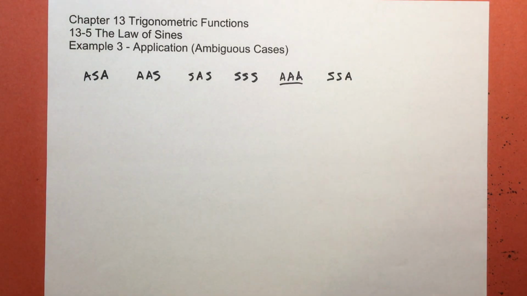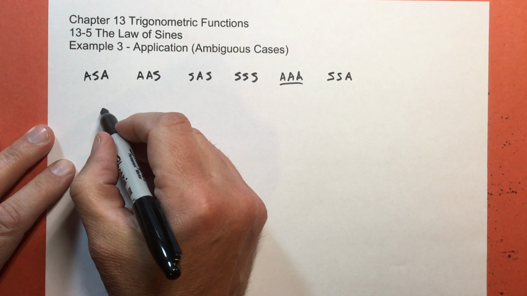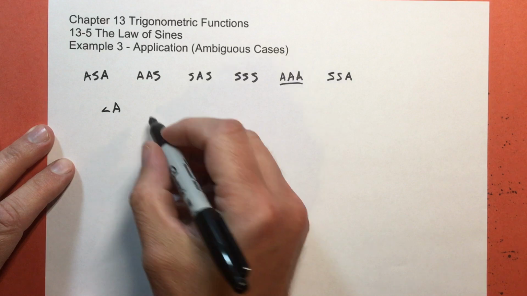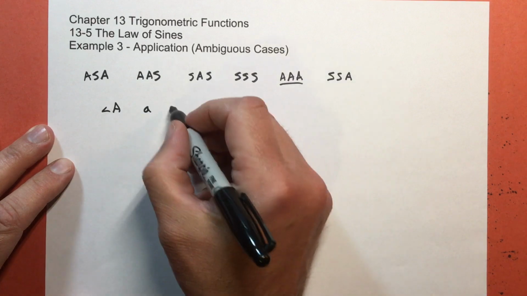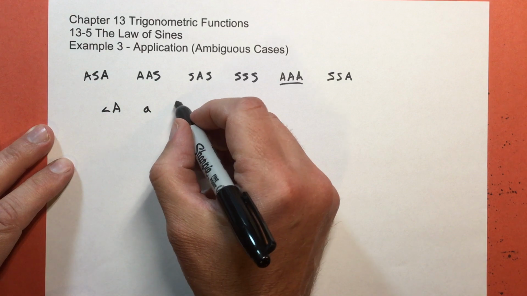In this section, we're going to explore what happens if it is not 90 degrees. So let's break this down, okay? So let's say I've got angle A, and I've got side A, which is opposite, and I've got side B.